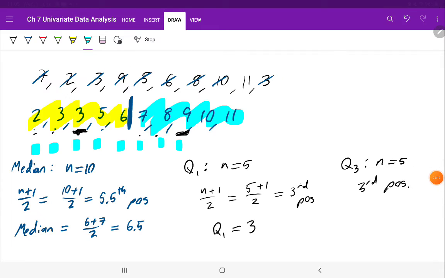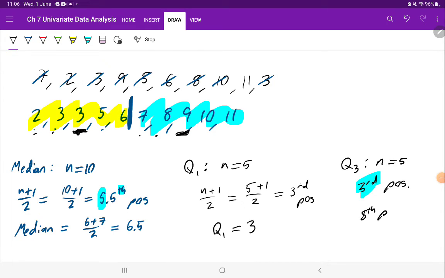Which makes sense because when we think about it, and this is probably the hardest part, this is kind of in the 5th position, and this is 3 positions after that. 3 positions after the 5th position, well, that would be the 8th position. So when counting from the start, it would be the 8th position, but when counting from just the upper half, it's just the 3rd position.